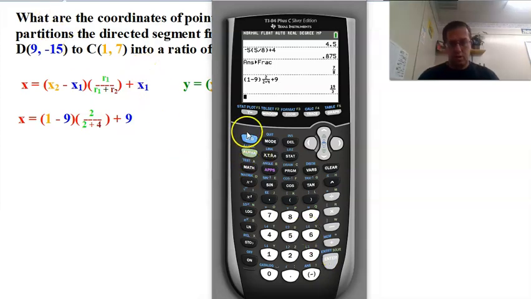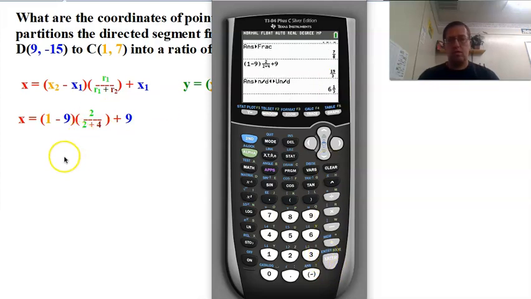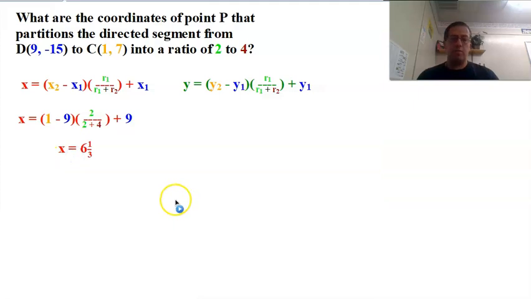Let's change this to a mixed number. Those are a little bit prettier than 19/3. 19/3 is fine, that's definitely an acceptable answer, but there we go: 6 1/3. Do not tell me that that is 6.3, because it's not. It's 6 1/3. 6.3 is 6 3/10, not 6 1/3. Different thing. Okay, so the x value is at 6 1/3.